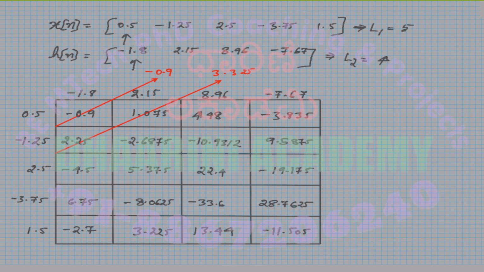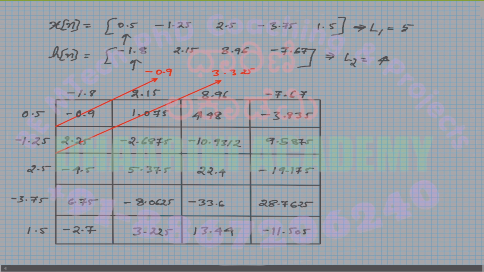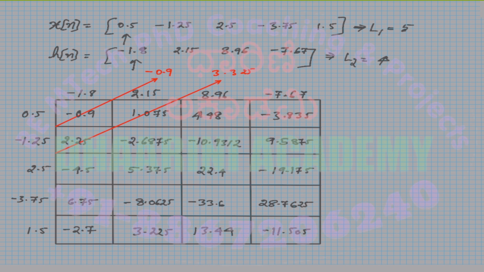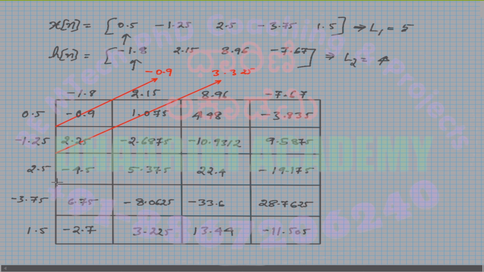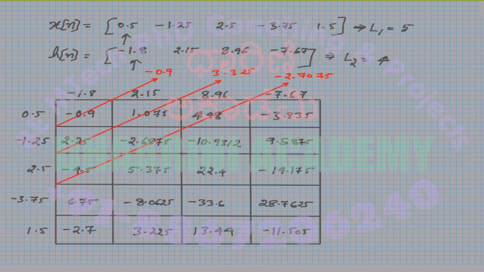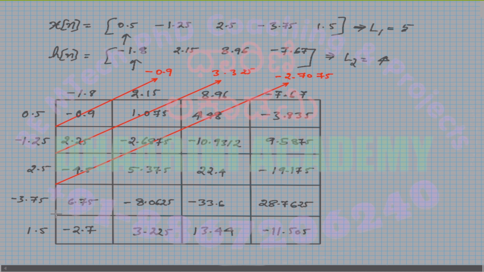The next answer will be along the diagonal below the one we considered just now. That should have three entries. These three numbers you just add to get the answer. That is minus 4.5, minus 2.6845, and 4.48, giving minus 2.7075.